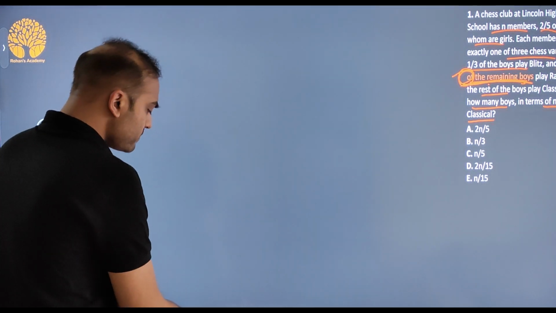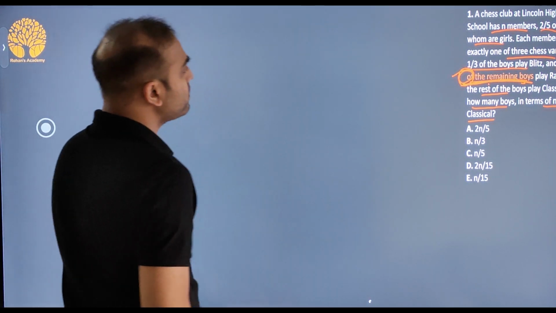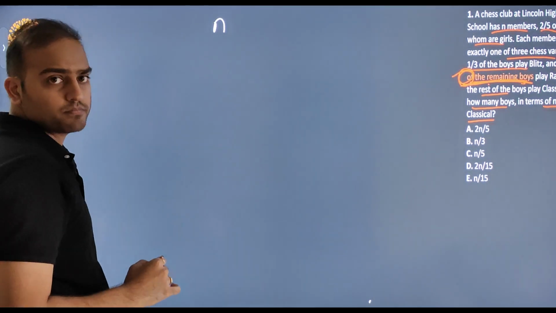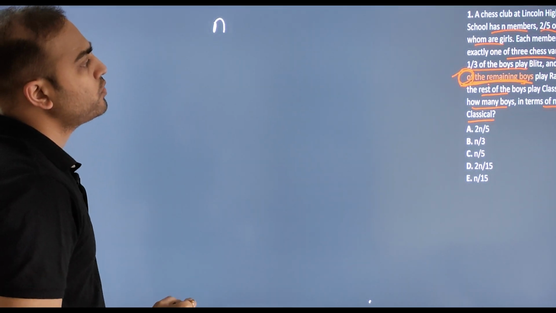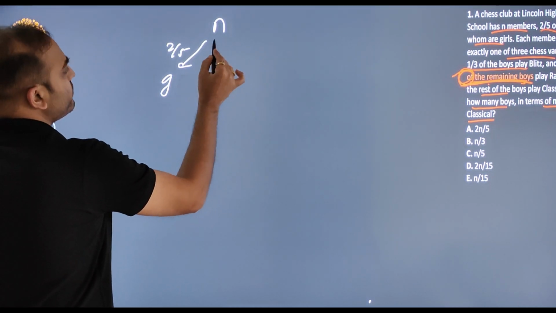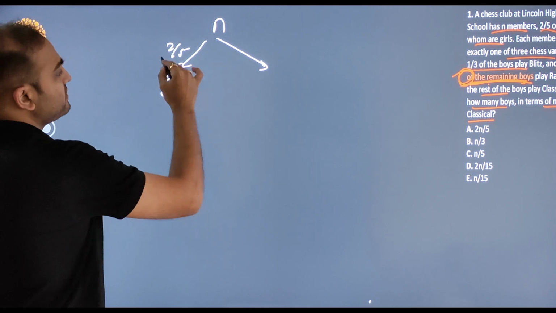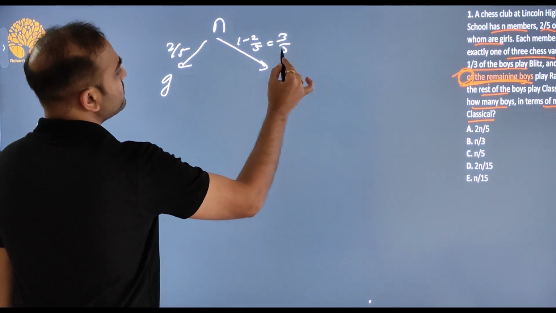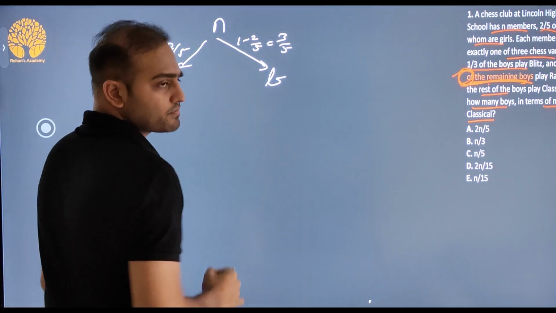Alright, let's simply make a tree. Total people at the club are n. 2/5 are girls. That means remaining 1 minus 2/5, that's 3/5 are boys.